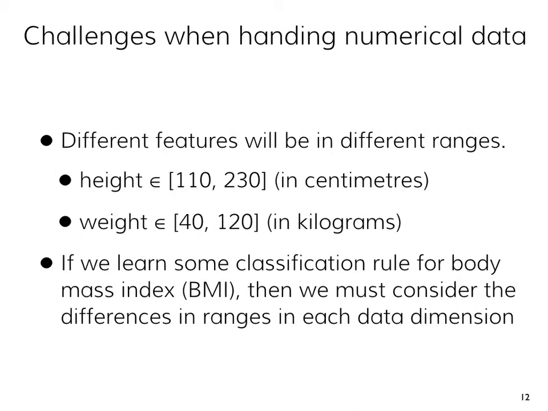The main challenge of handling numerical data would be how to handle the different scales, and we might want to consider ways of normalizing these different ranges into some kind of standard range before we do any learning using those features.